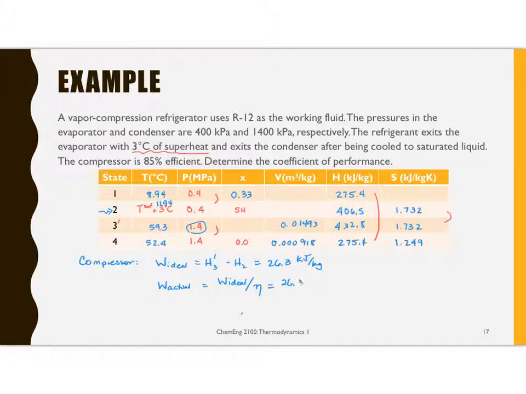So 26.3 divided by 0.85 tells me that 30.9 kilojoules per kilogram is the actual work. And this then allows me to estimate the actual enthalpy. Take state 2, 406.5, add the actual work, 30.9, and so state 3 will have 437.4 kilojoules per kilogram.